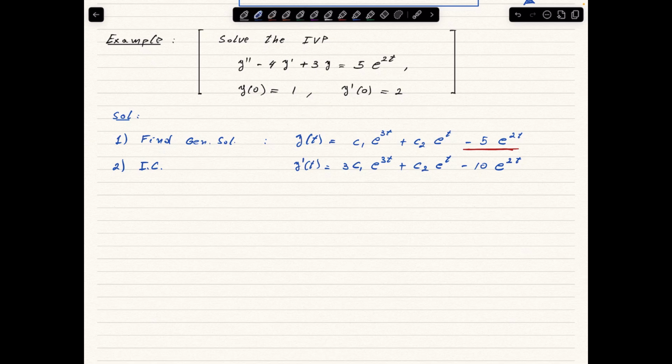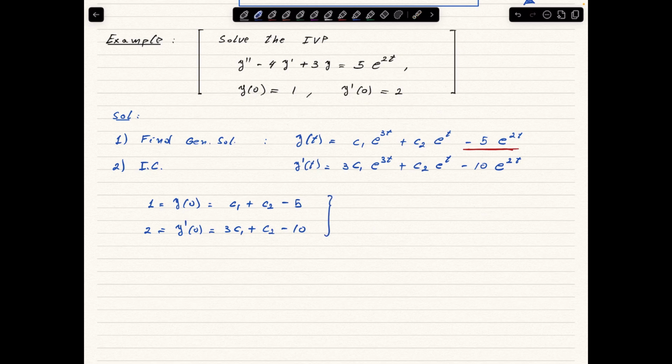So now initial condition 1 is the function at 0, which is c1 plus c2 minus 5. And then 2 is the derivative at 0, which is 3c1 plus c2 minus 10. So now we have the contribution from the particular solution in these equations, but that's about it.